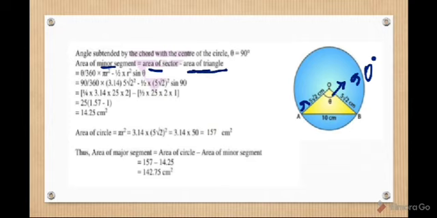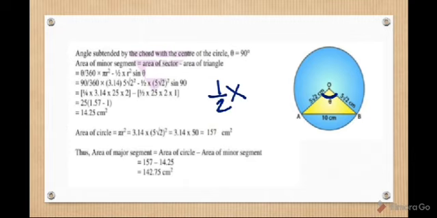Now for the area of triangle, if you look at AOB triangle is a right angle triangle, so its area will be half into base into height, that is half into OA into OB. Put the value of OA and OB, you will get the area of the triangle.